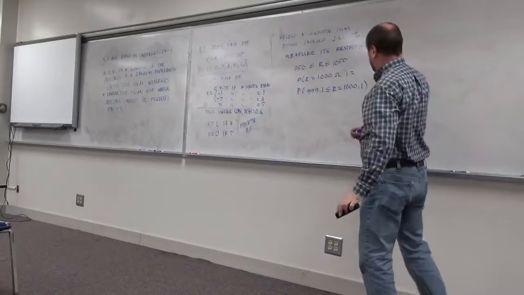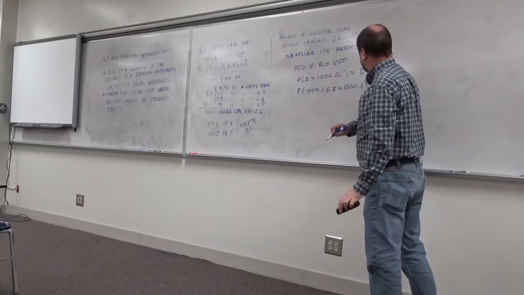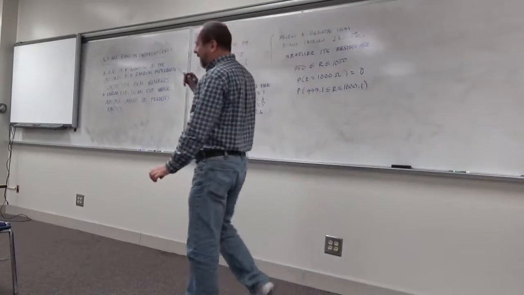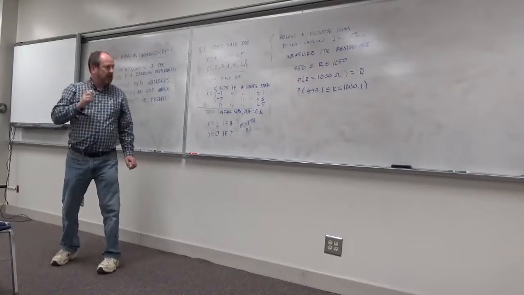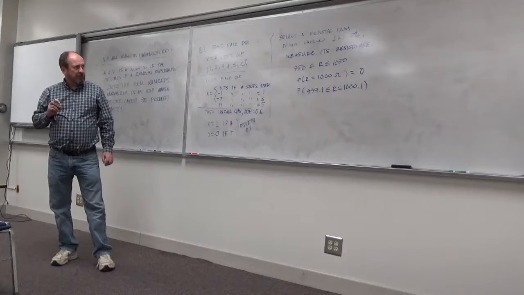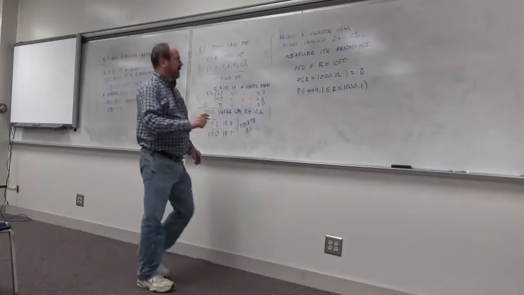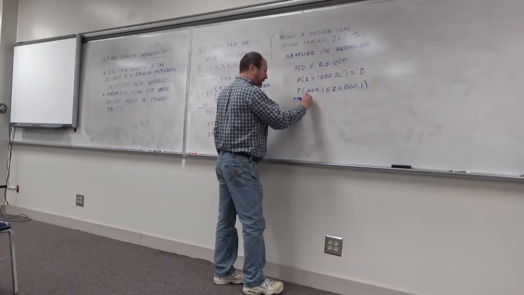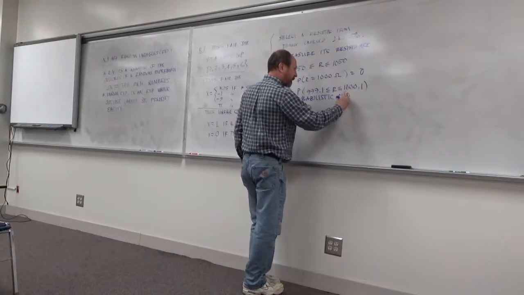Let's see what else. Okay, so that's 0. All they're guaranteeing is you're somewhere between 950 and 1,050. Well, what if you had a probabilistic model for this?